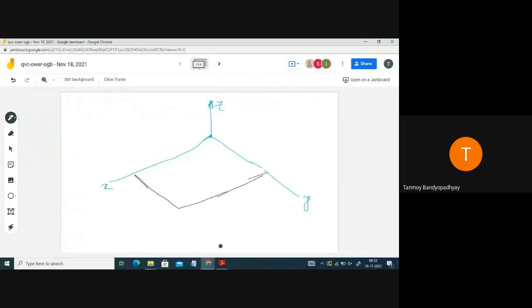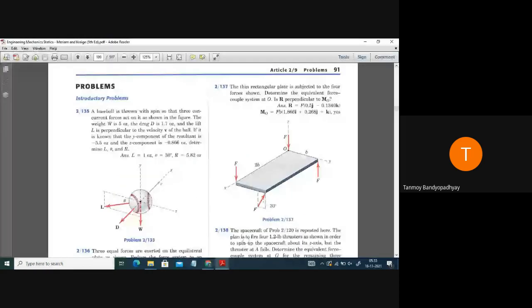Just see whether I am drawing it correctly. So this was F, this was F, and at this point there is an angular force, I think. It is 30 degrees with the vertical. Correct? F, B, 2B, 30. So this is B, this is 2B.